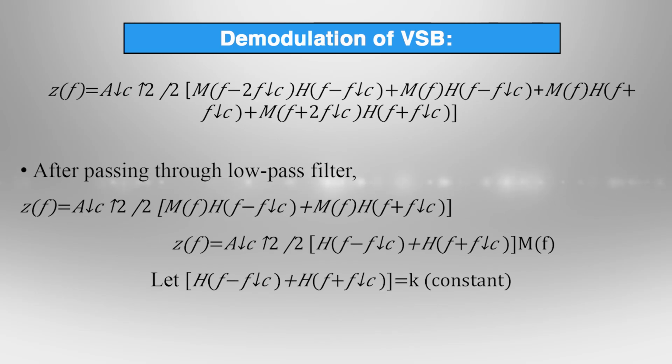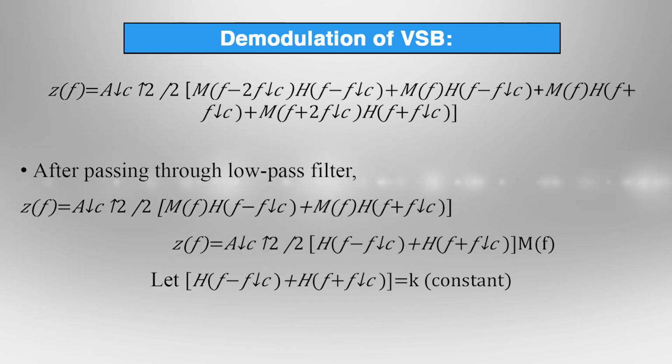Or Z(f) will be further simplified as Ac²/4 times [M(f − 2fc) H(f − fc) + M(f) H(f − fc) + M(f) H(f + fc) + M(f + 2fc) H(f + fc)].